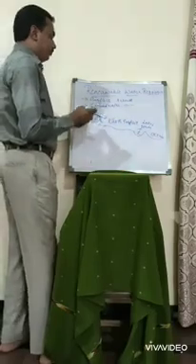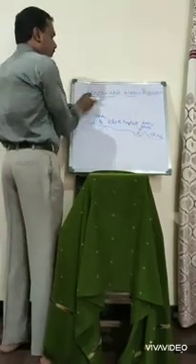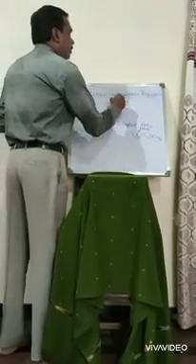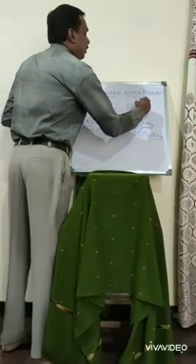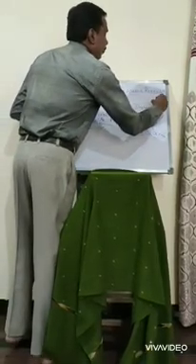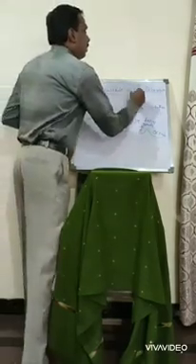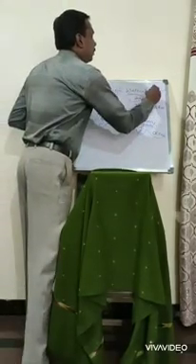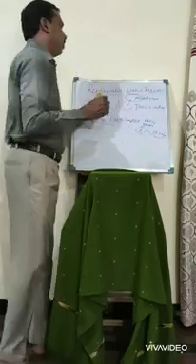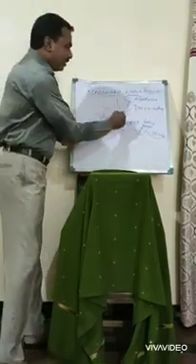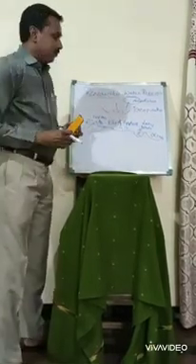See here what happens? The precipitation occurs. Where does precipitation occur? The precipitation occurs from the atmosphere, from the condensation of the clouds, and it reaches the earth surface.